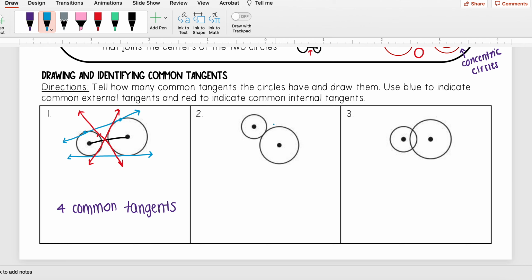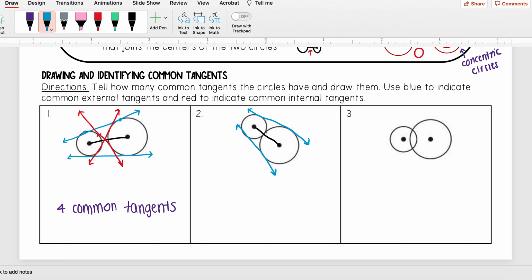Okay, let's try another one. So here I'm going to first again start with connecting my centers with this segment. Next, I'm going to draw my common external. So I know I can do on top and bottom, kind of like I did in number 1. So I have this common tangent and this common tangent.